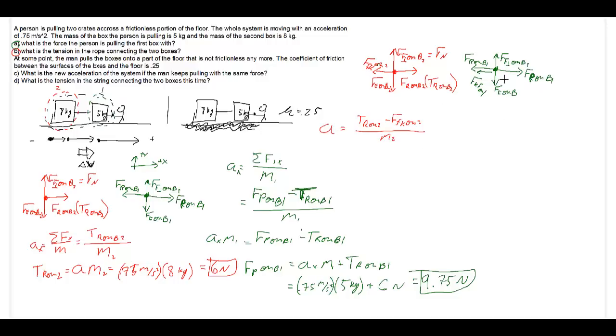And then for the first box, we have the same forces as before: the force of the person on 1 minus the tension on 1 minus the friction force kinetic on 1, over the mass. It's equal to our acceleration.